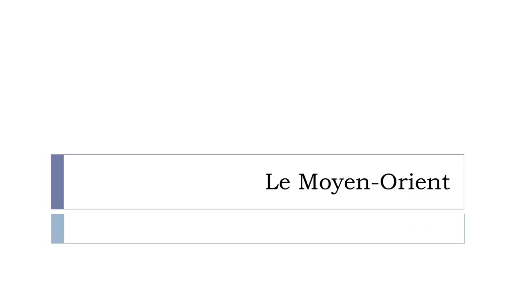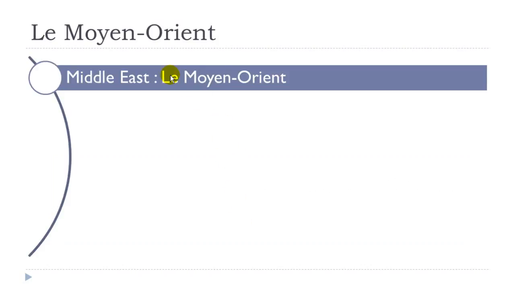Then we'll work on le Moyen-Orient, the Middle East. Okay, let's start. Le Moyen-Orient. So it's interesting here because normally if you would have only this word here, you would pronounce it moyen. Okay, but as you've got this vowel after, you make the liaison between the two. Le Moyen-Orient.